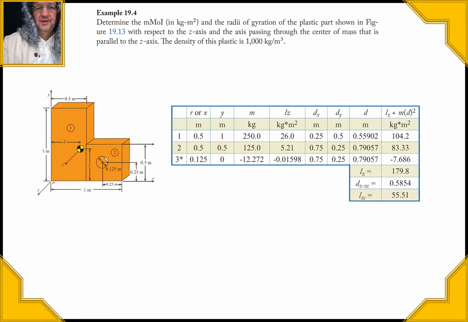You have the basic dimensions and the mass, and you're able to get the individual mass moment of inertia about the local center of mass. Then you have the distances that it needs to move in the x direction and the y direction, and now we have the total distance that each one needs to move.